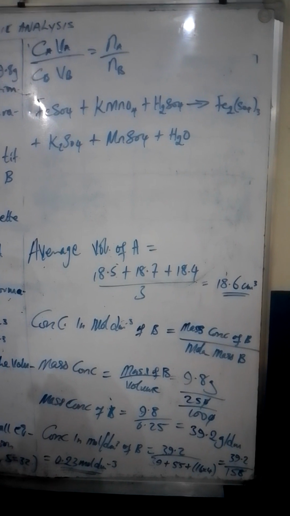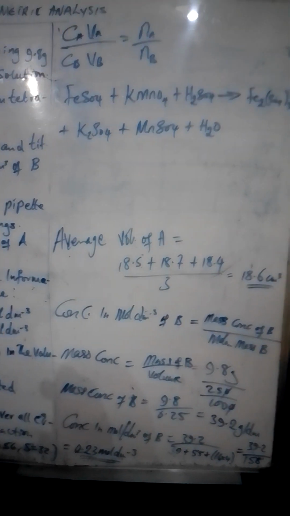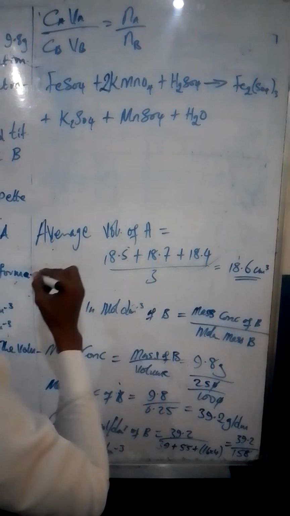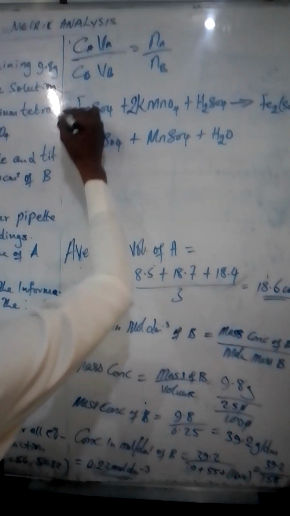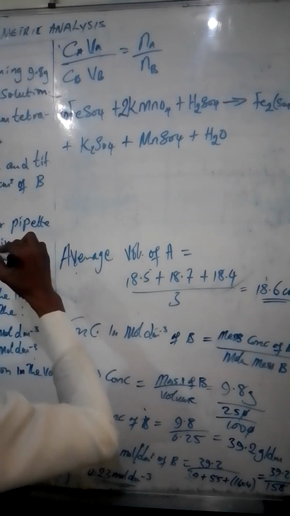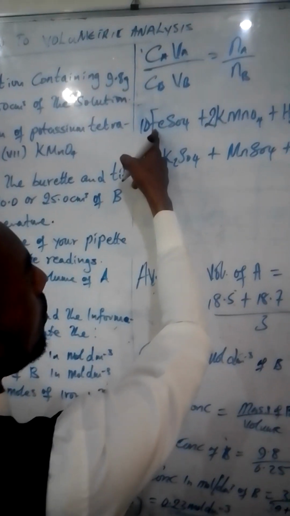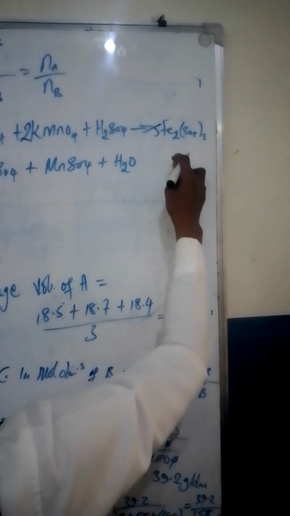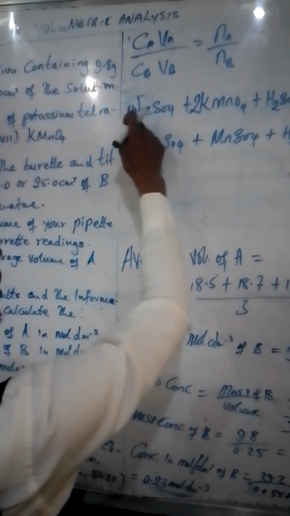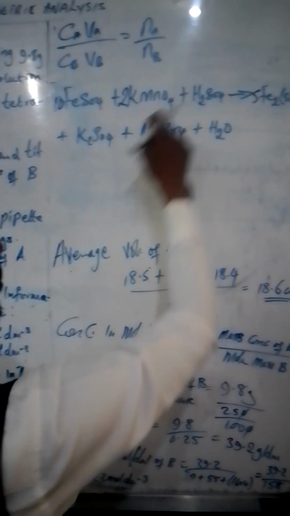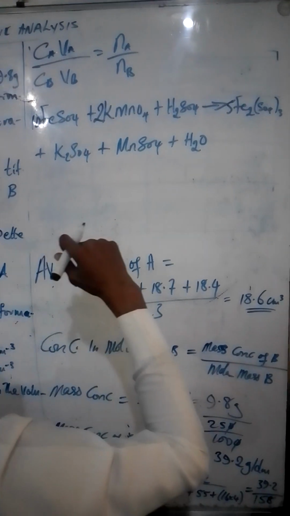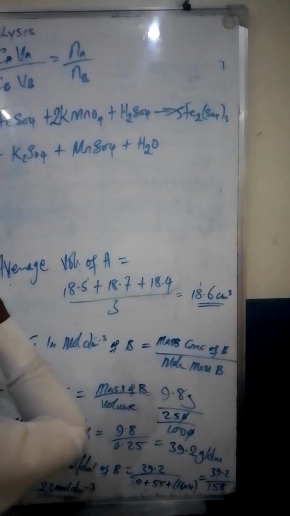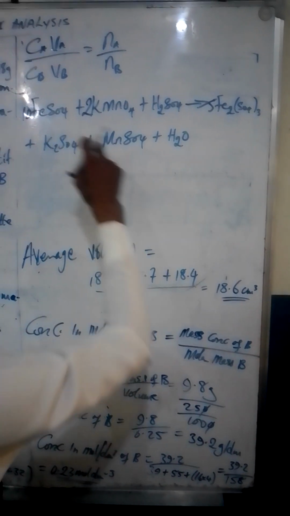In this case, we are going to balance the reaction. For us to balance the equation, we are going to put 2 here. If we put 2 here, then we are going to put 10 here. The iron here is 10, so iron here should be 5. Then the hydrogen here is 2.